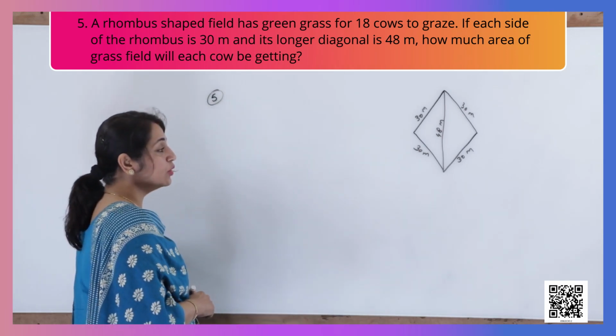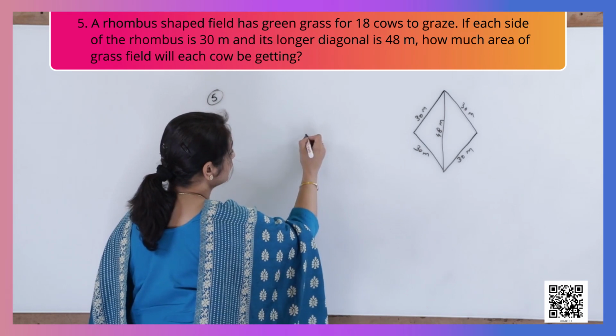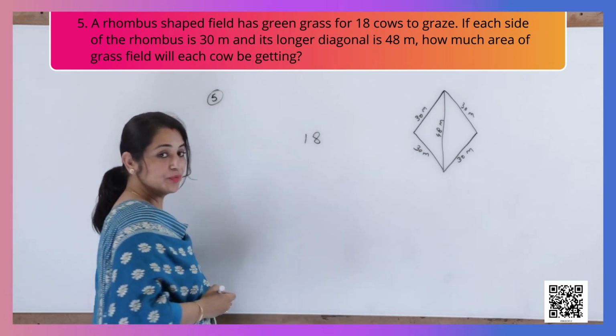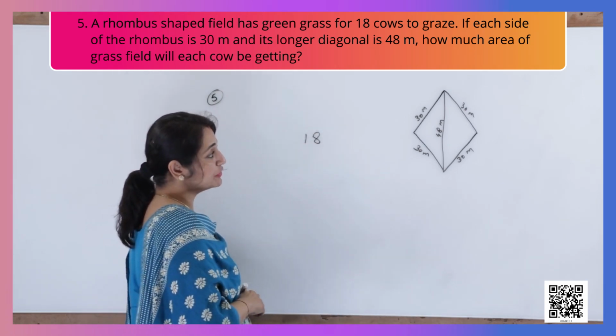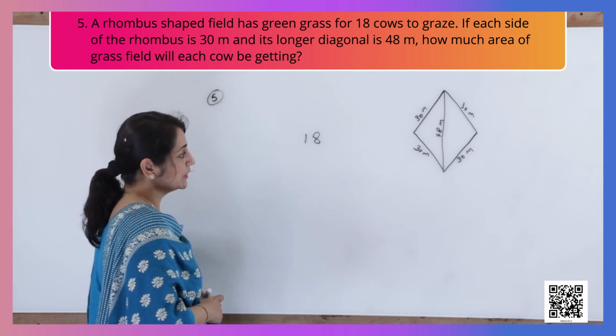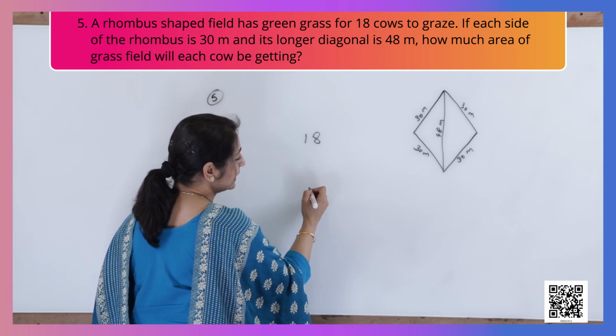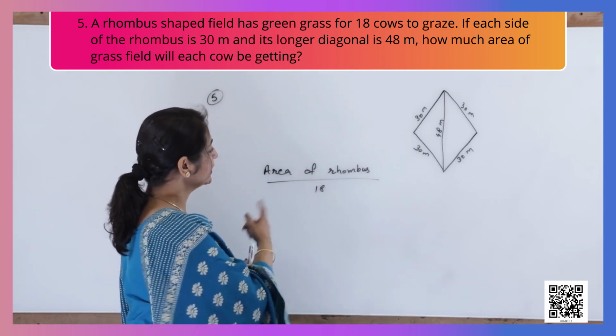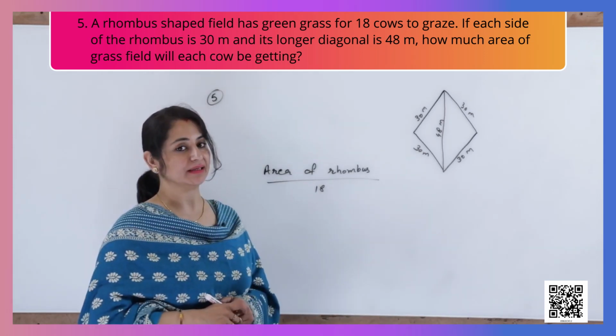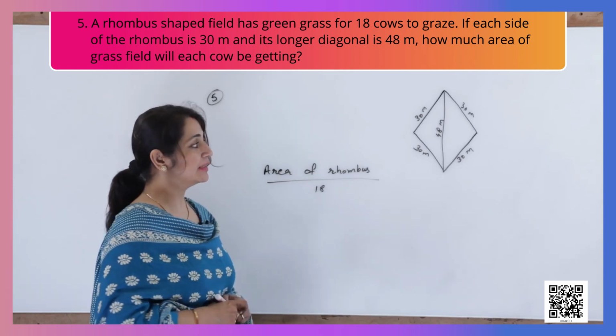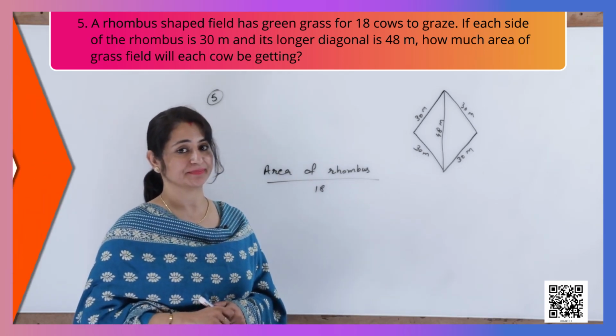Now this whole area is available to 18 cows. So the area of the field that one cow will get, that we will have to calculate by dividing the area of this field by 18. So the area of rhombus divided by 18 will give us the area that each cow will get to graze.